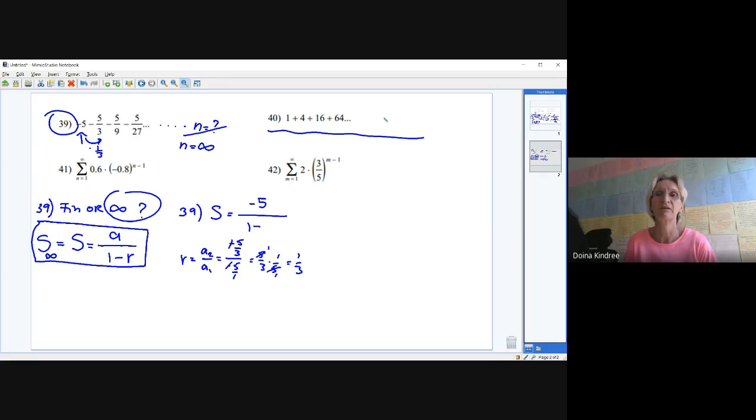We don't have an n, which is a number, so it will be infinity. But here the ratio is 4. So actually the sum of this infinite geometric series is infinity because it doesn't stop anywhere, okay? The numbers just keep going up. You understand the difference? Okay. It makes more sense now. Yeah.